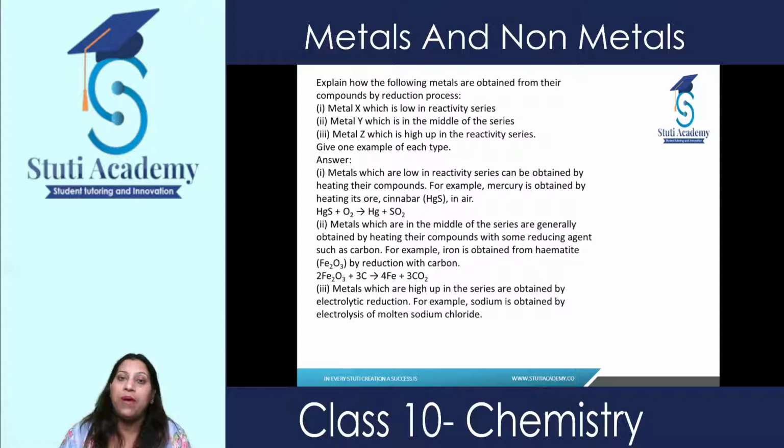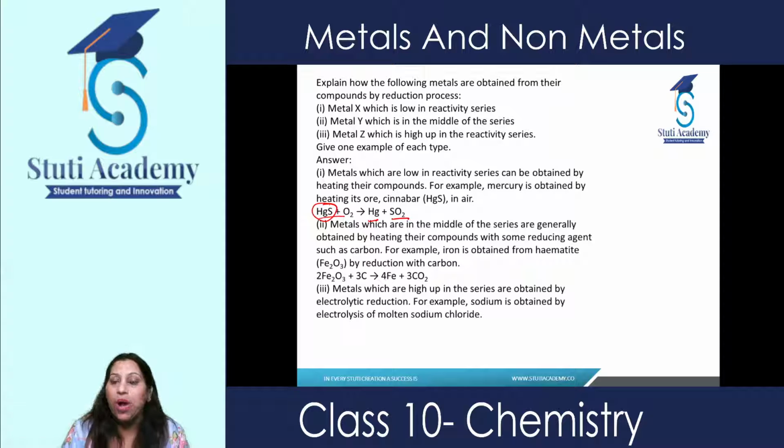This can be obtained by heating their compounds. An example of such kind is mercury. When we are heating its ore, it results in the formation of mercury and sulfur dioxide gas evolves. So here we are heating mercury sulfide, which is cinnabar, an ore of mercury.